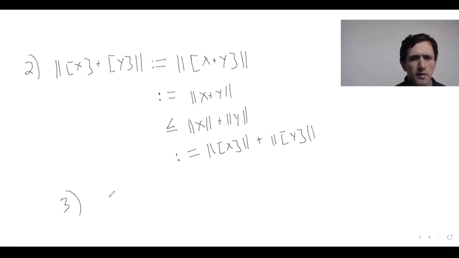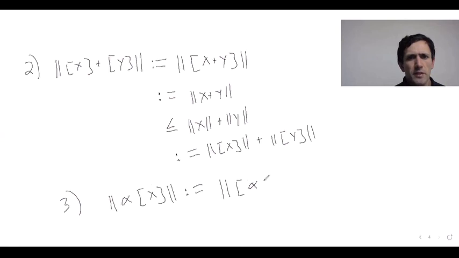And 3, there's just not a whole lot to this. I'll just do it very quickly. By definition, alpha is a scalar, and alpha times x is the class generated by alpha times x. And again, by definition, this is the norm of alpha x, which we know is the absolute value of alpha times the norm of x.